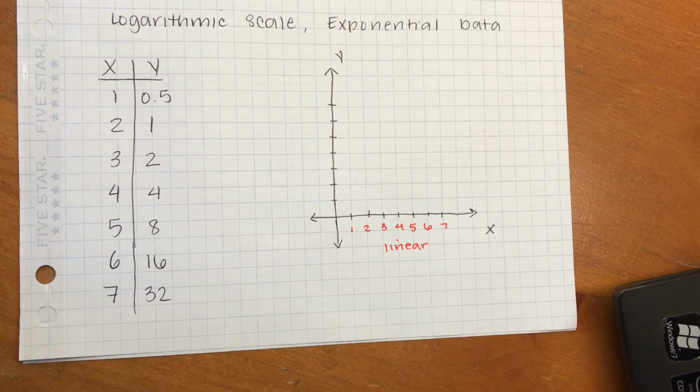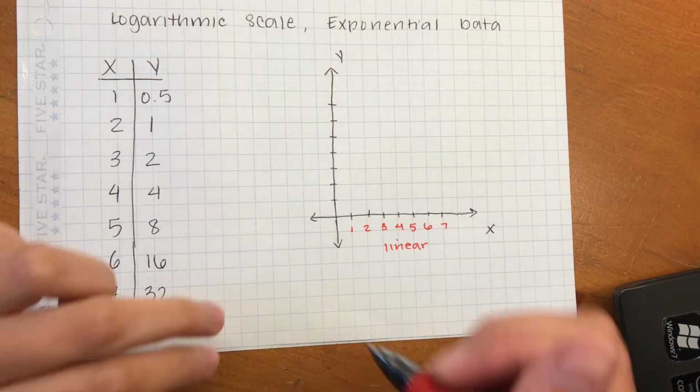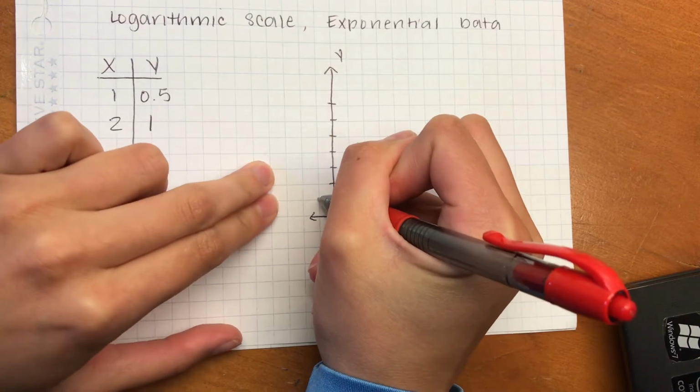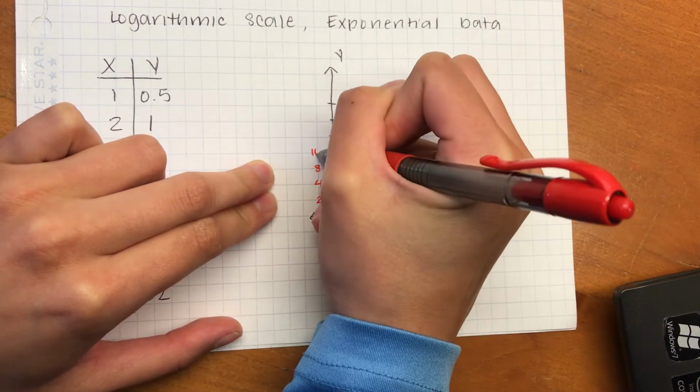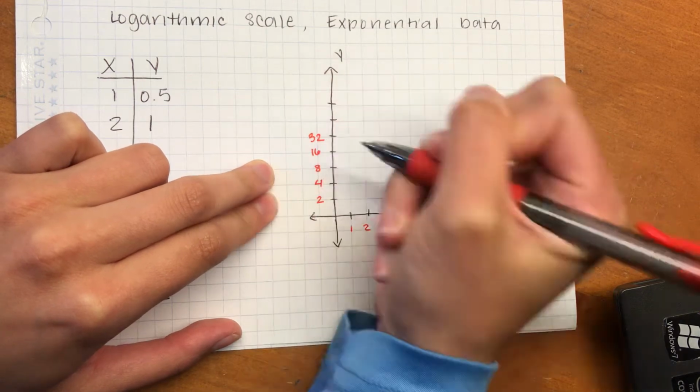But my vertical axis, or my y-axis, I can make this a logarithmic scale by taking the log of different values, right? So if I were to say we have 2, 4, 8, 16, 32.